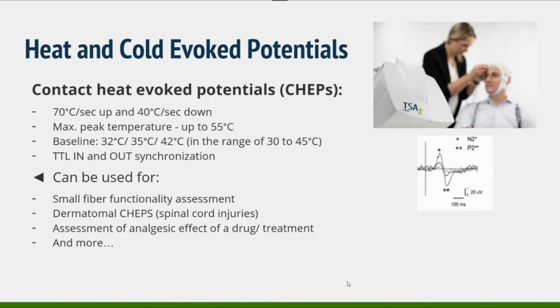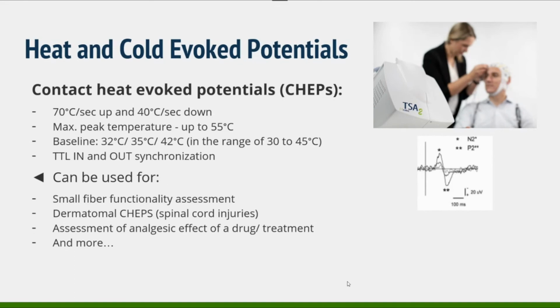So first potential use that I would like to review is the heat and cold evoked potentials. For those of you who are not coming from this field and maybe not that aware about the technique, evoked potential can be recorded using EEG as a result of many types of stimuli. It can be visual evoked potentials, audio evoked potential, electrical evoked, etc.